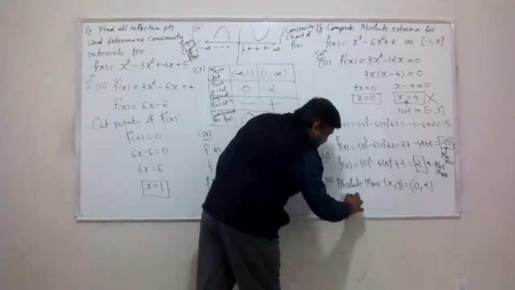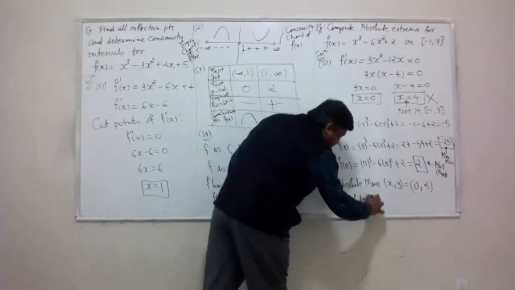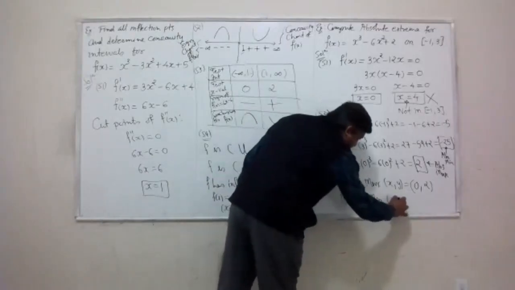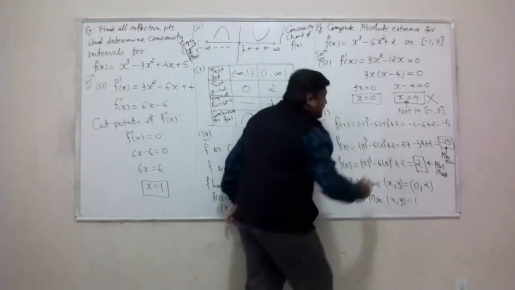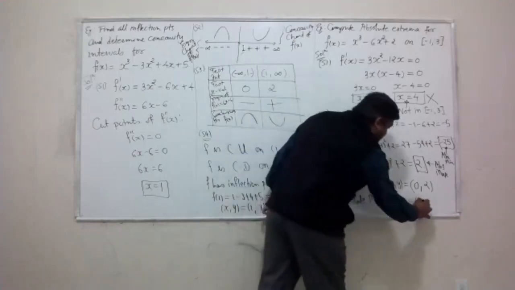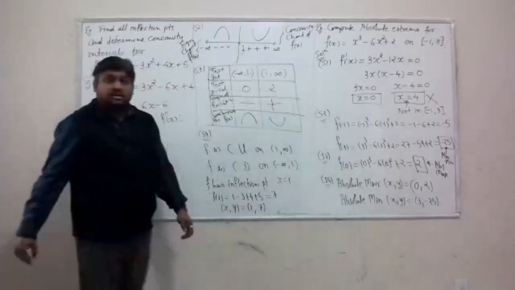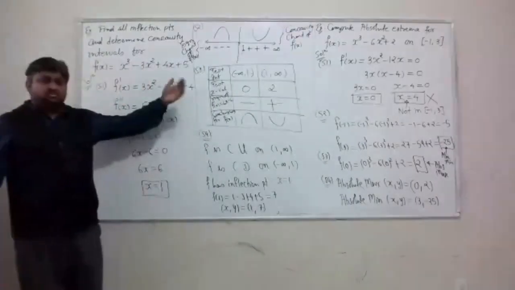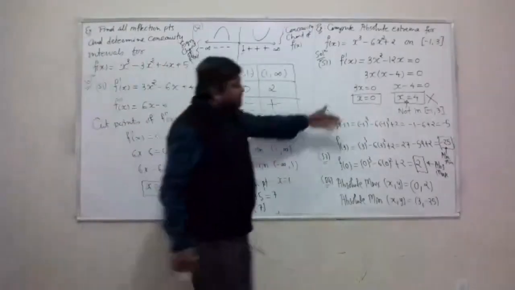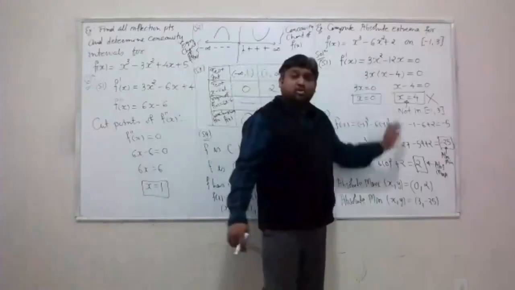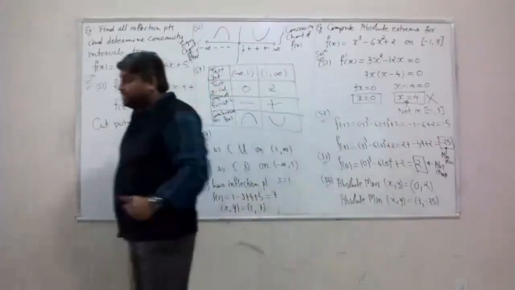Absolute min in x, y format, it's going to be 3 comma negative 25. Done, right? So again, as I say, this really will be the simplest problem on your exam. You don't want to miss that problem.